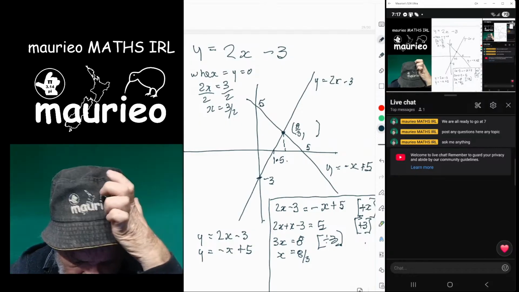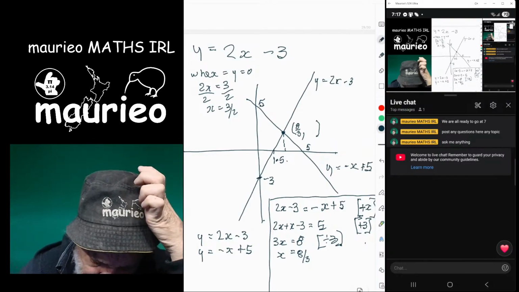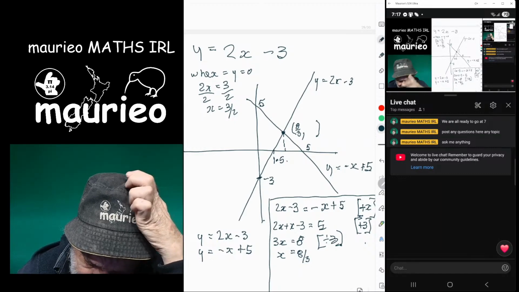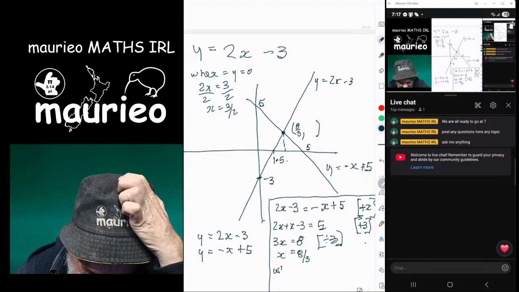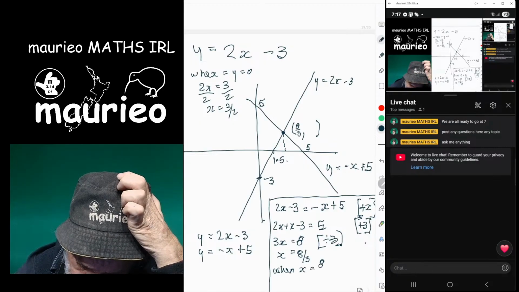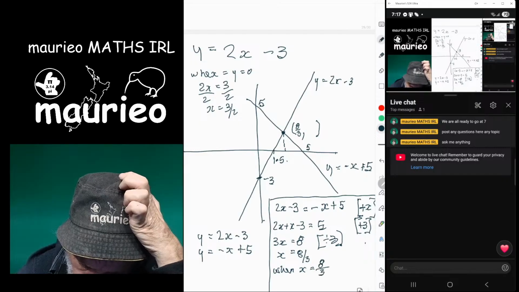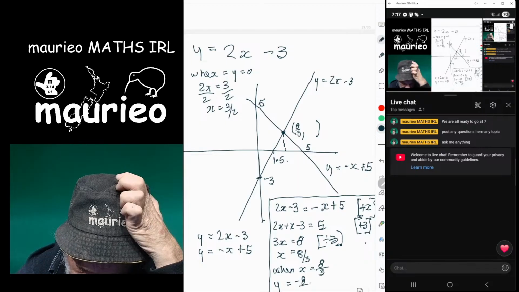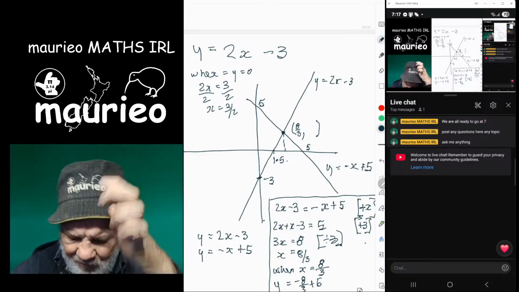And so what's the y value? Well, the y value equals negative x plus 5. So then we can say, well, when x equals 8 over 3, y equals negative 8 over 3 plus 5.